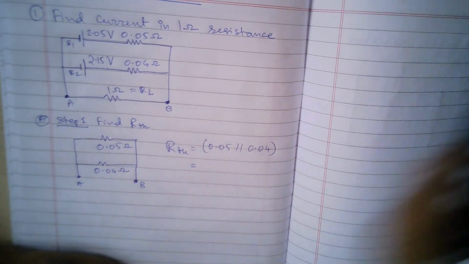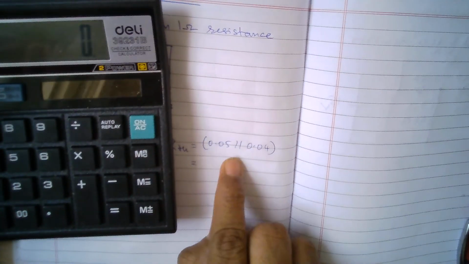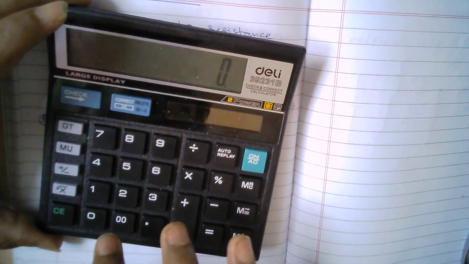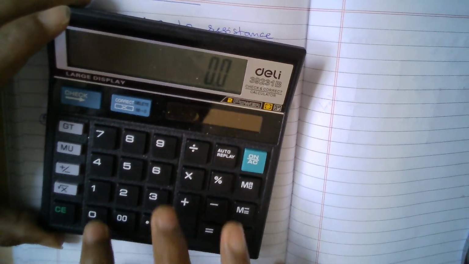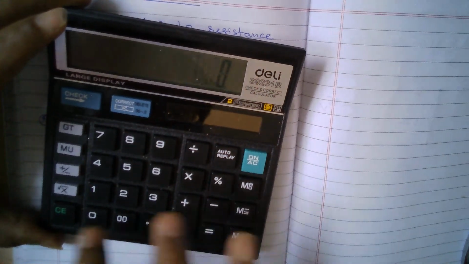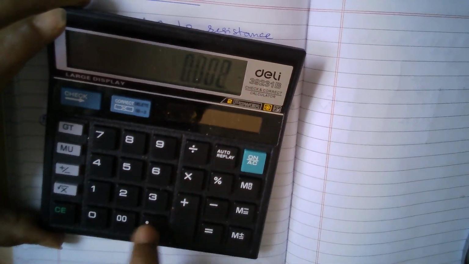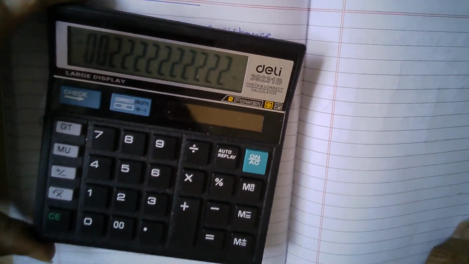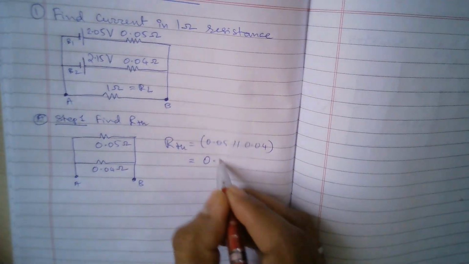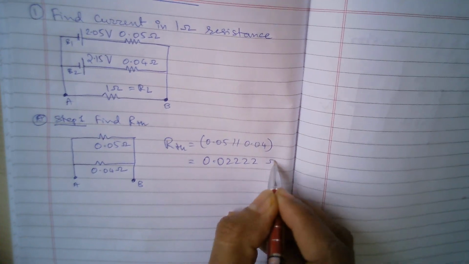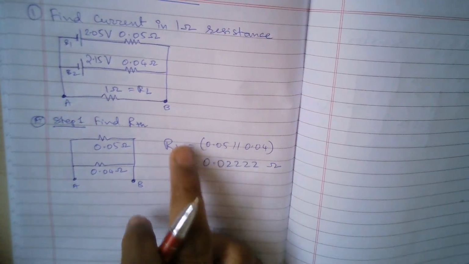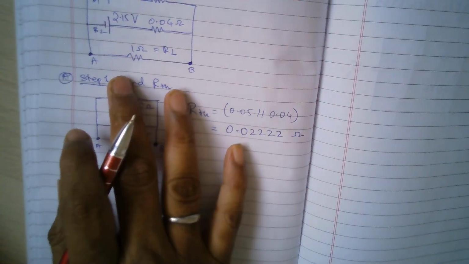R1 plus R2 in this case is 0.09. So 0.05 multiplied by 0.04 divided by 0.09. I'm getting 0.0222 ohms. Like this I'm getting the Thevenin's resistance. That step 1 is completed in Thevenin's theorem.